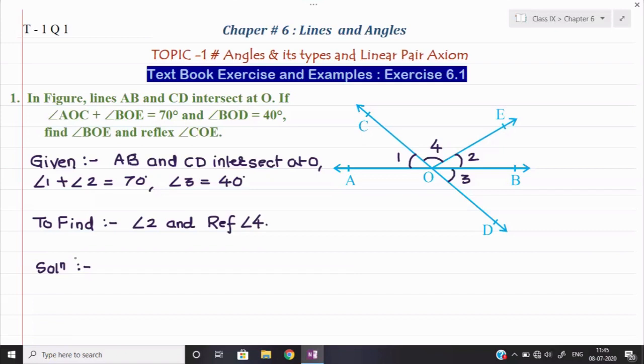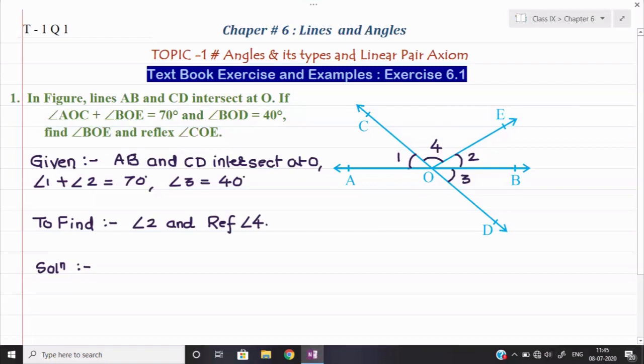One thing is that, see, if I talk about angle 1 and angle 3. So angle 1, you observe, if I say line CD and line AB, okay, two lines you observe. So I can say that CD and AB are intersecting at a point O. Forget the line OE for some time.